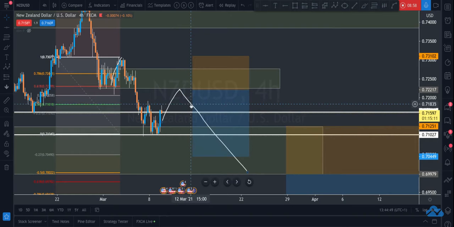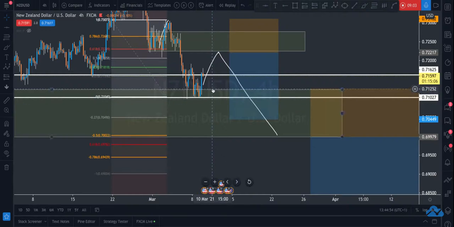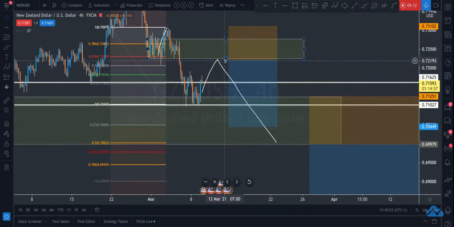Obviously this is just a little bit risky because price doesn't break this structure yet, but anyway, it will be a very good trade as well.